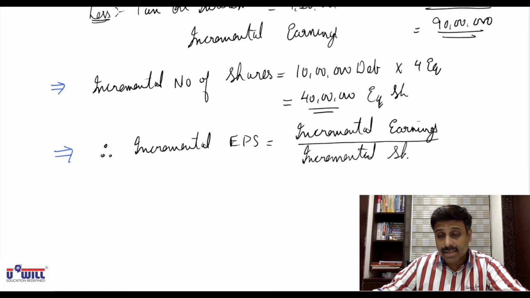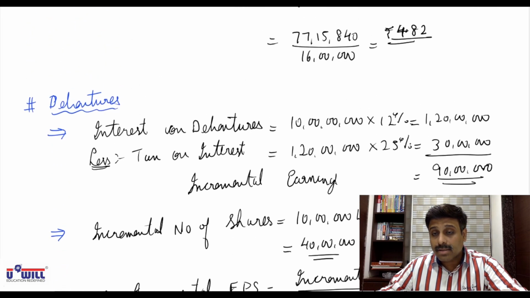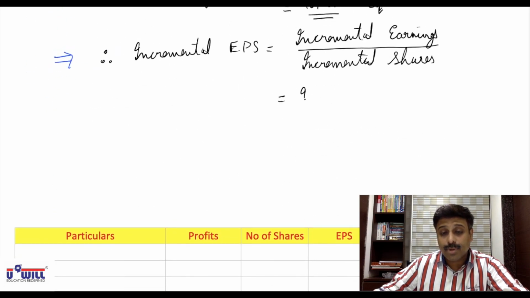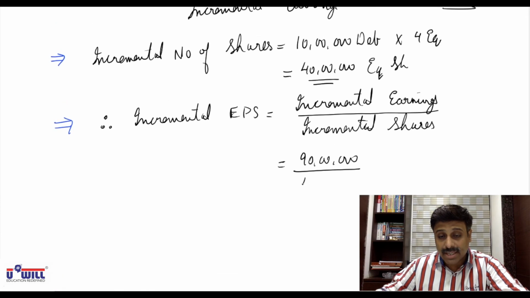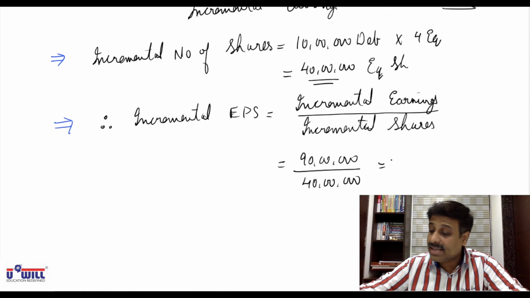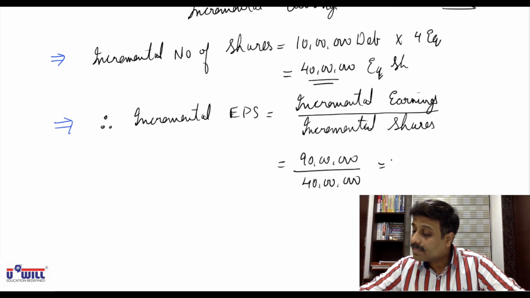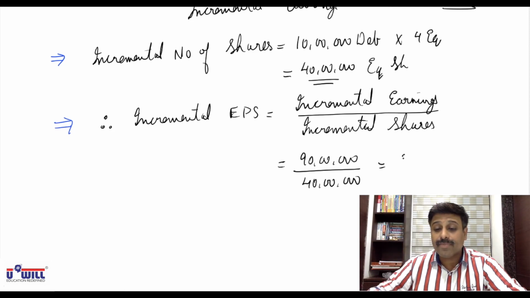So incremental earnings are 90 lakhs due to debentures and incremental number of shares are 40 lakhs. So 90 lakhs divided by 40 lakhs, that is rupees 2.25.